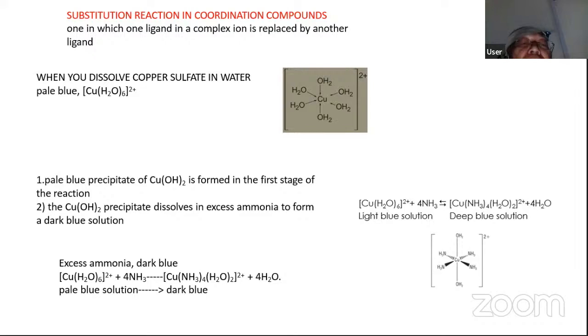You will have a pale blue solution, hexa aqua copper. So this is very important. This is very different from the structure of copper sulfate in the solid state. In the solid state, no water. The copper and the sulfate in the solid state are packed together. They may form link. The structure in solid is very different than in solution, in water.